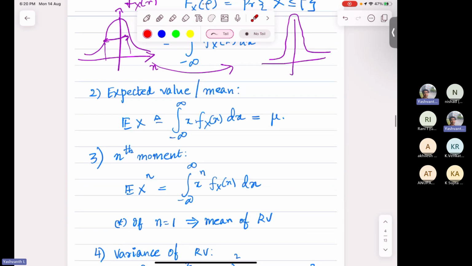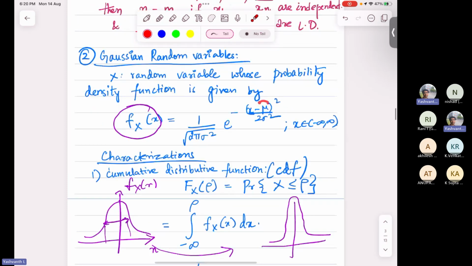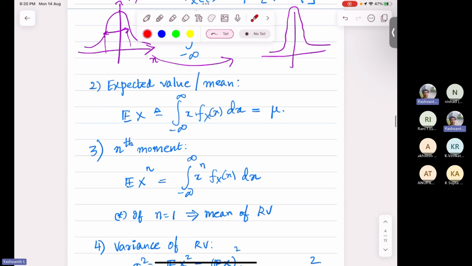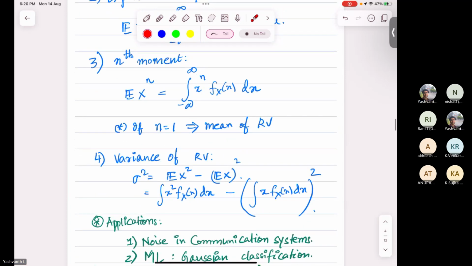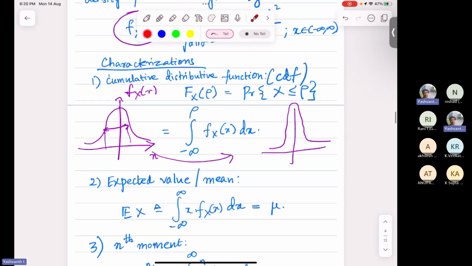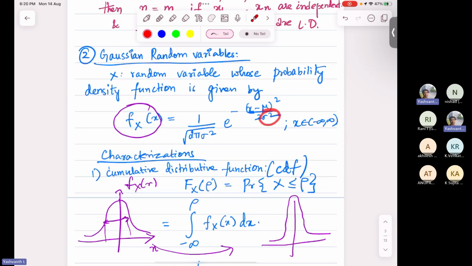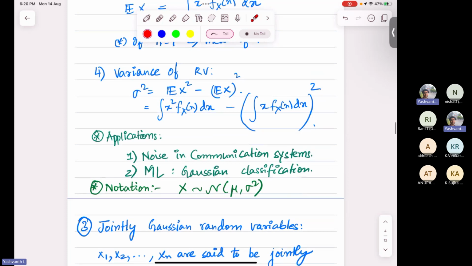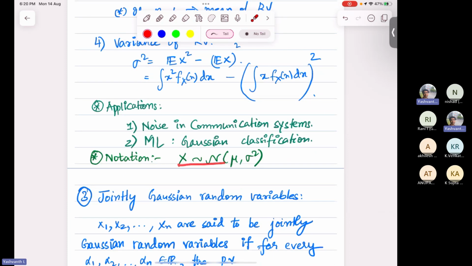By the way, just like the parameter mu is given by the mean, if you similarly compute the variance integral, you can show that the second parameter in the PDF, sigma squared, will be the variance. So x distributed N(mu, sigma squared) means x is a Gaussian random variable with mean mu and variance sigma squared. That is the way to denote and read it.